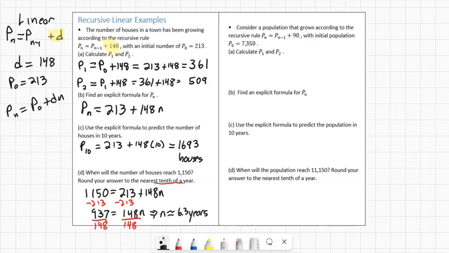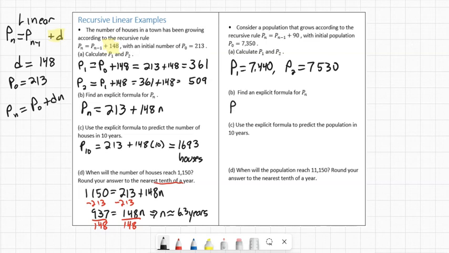Okay, now it's your turn. Go ahead and pause the video and work on the questions on the right and see what you get. Okay, we should be getting P sub 1 equals 7,440 and P sub 2 equals 7,530.